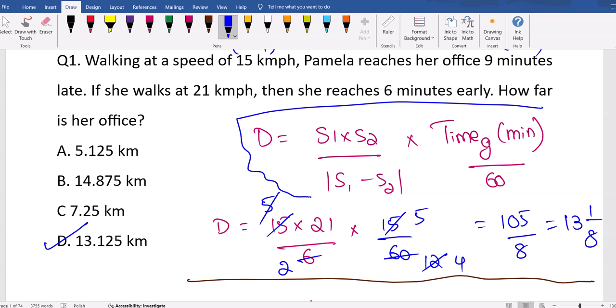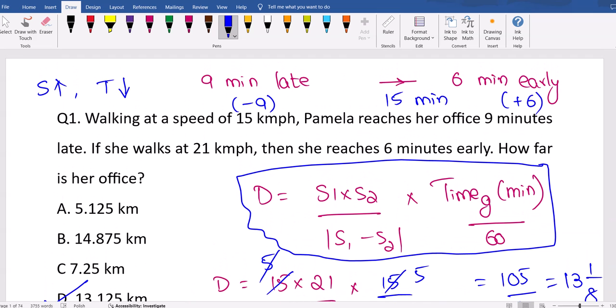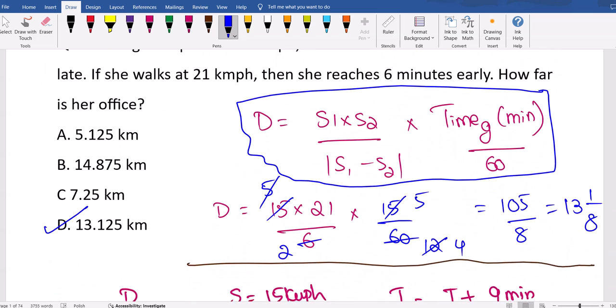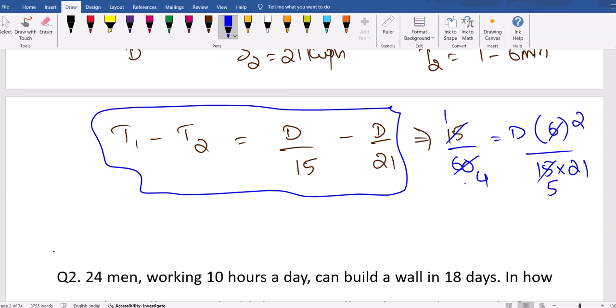The difference between timings is the time gain. When speed increases, time will decrease, and that is what we call time gain. This formula is actually created from this input only. Now cross multiplying and doing all those steps, you can finally get the answer: 105 divided by 8, the distance, is 13.125, that is 13 1 by 8.